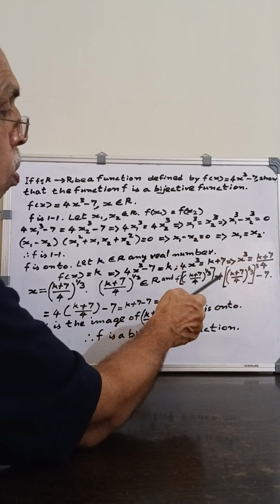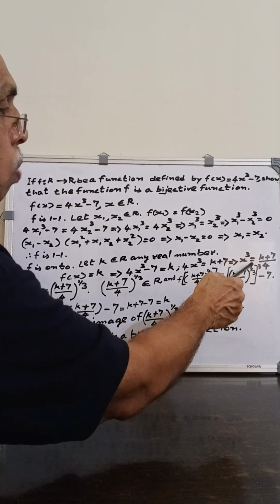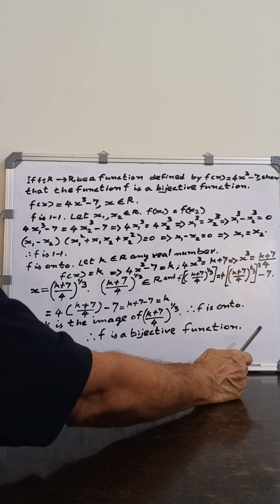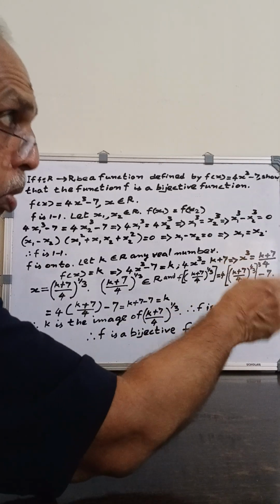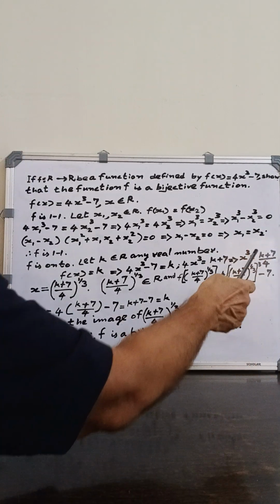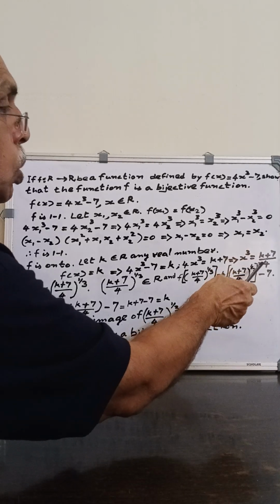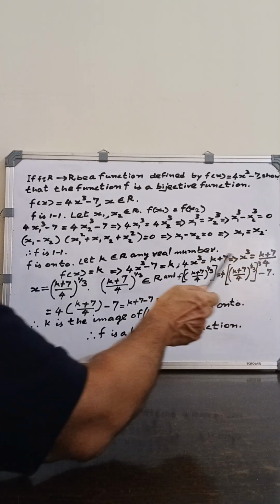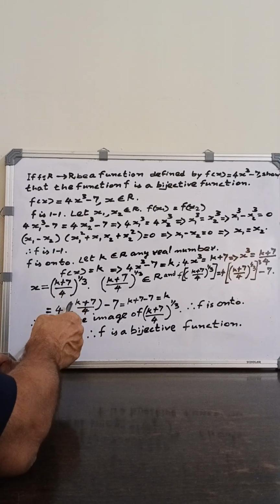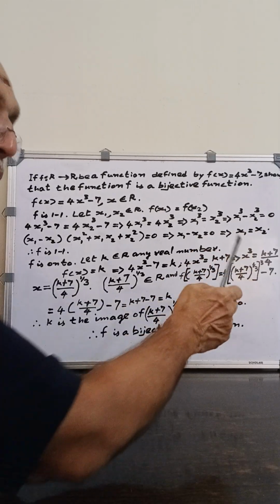Here a raised to b the whole raised to d equals a raised to bd. That is k plus 7 by 4 the whole raised to 1 by 3 into 3. 3 into 1 by 3 gives 1.